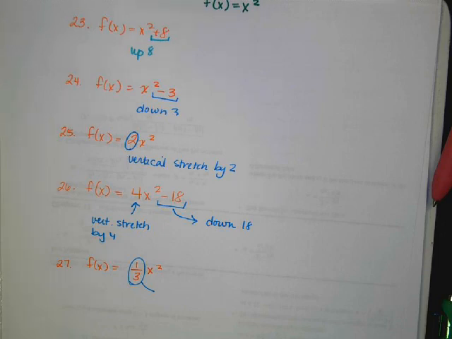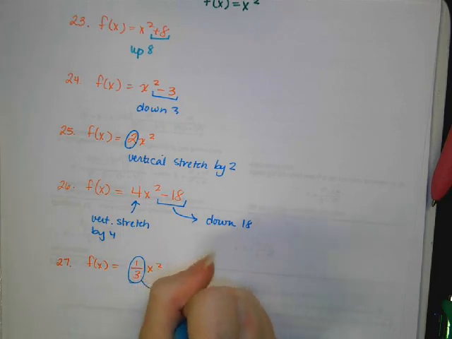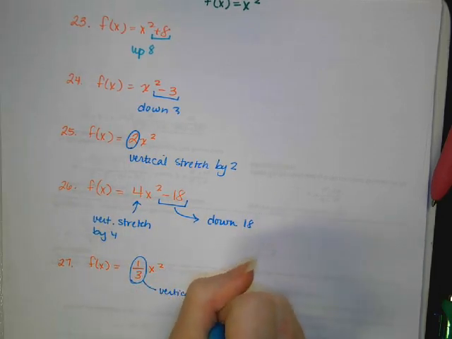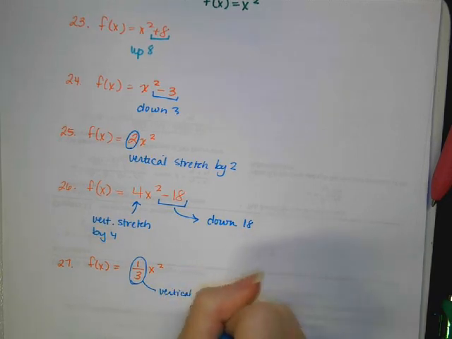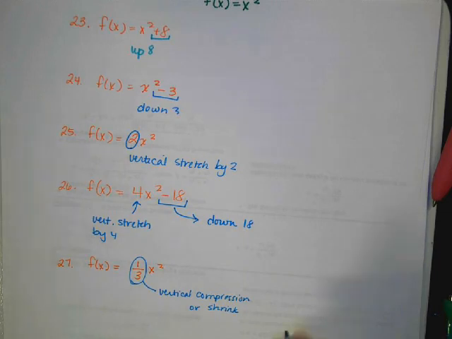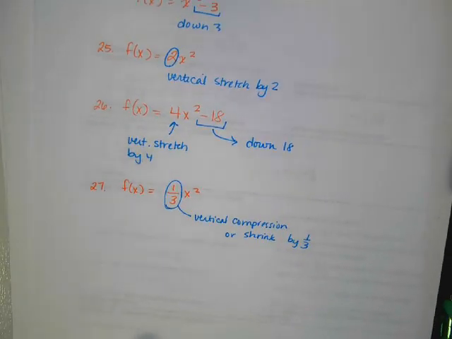So multiplying by 1/3 is what we call a vertical compression, or they may use the word shrink. So whatever your teacher calls it, compression or shrink, they're both correct. It's just different ways of saying the same thing. And it's by 1/3. All of your vertical values would be 1/3 of what they were to start with.